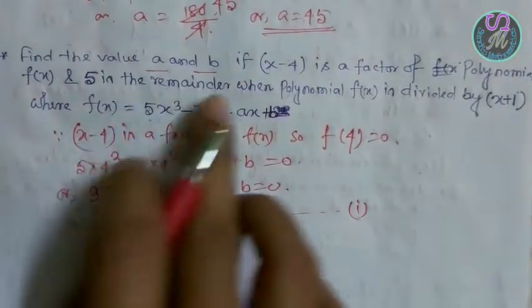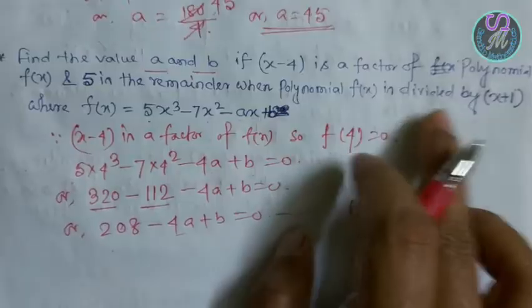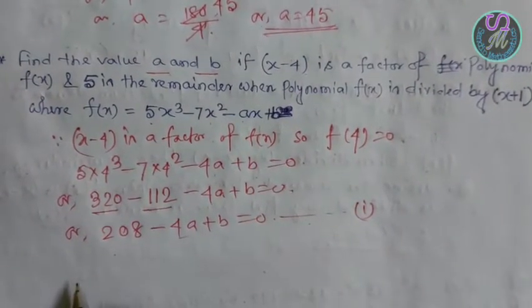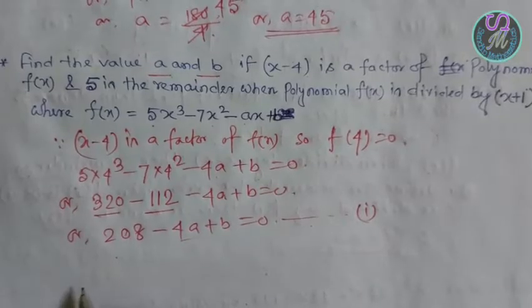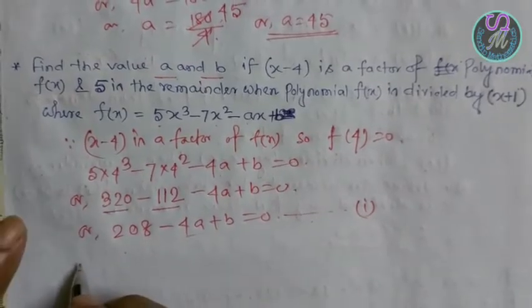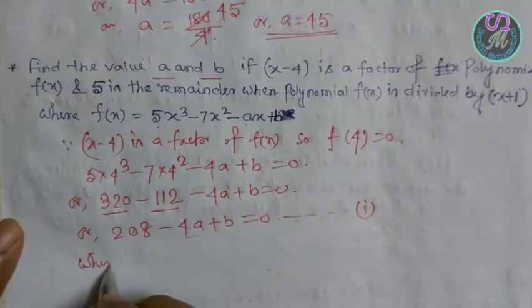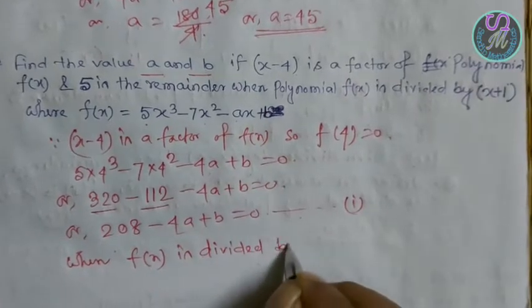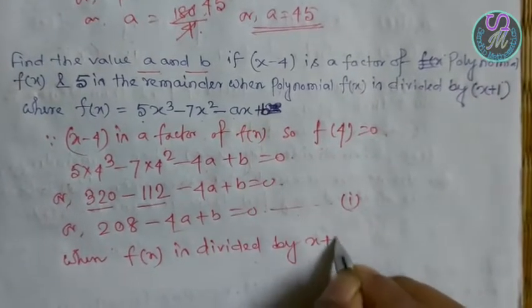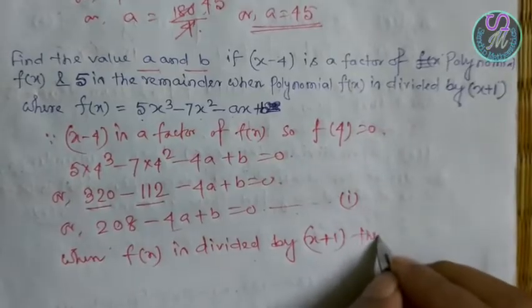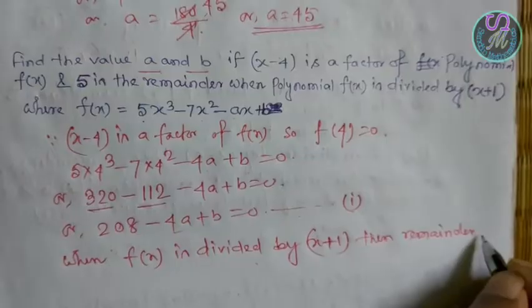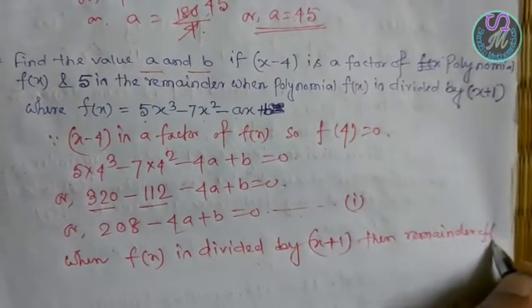And 5 is the remainder when the polynomial fx is divided by x plus 1. So when fx is divided by x plus 1, then the remainder is f of minus 1.